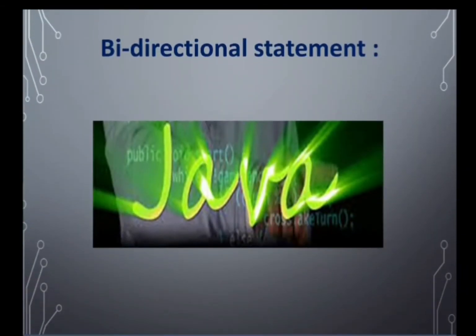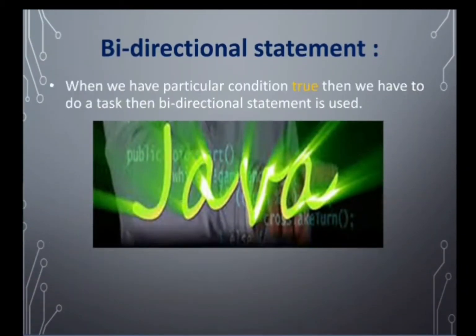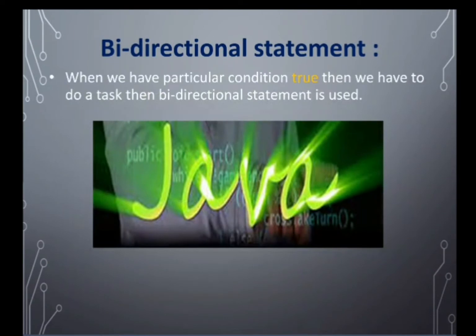Now see a few details about bidirectional statements. When we have a particular condition true, then we have to do the task, then it's said to be a bidirectional statement. Whenever we have a few statements and we run them one by one, it is a sequential flow of control.